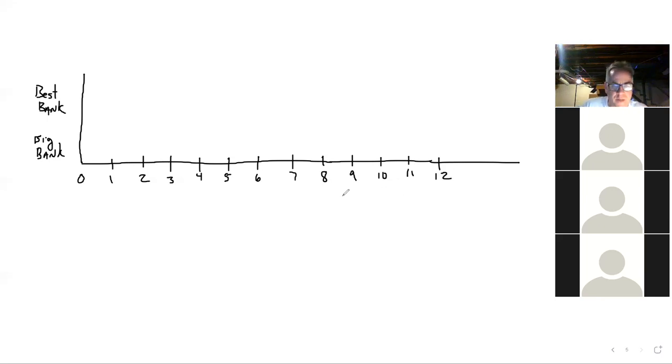All right. And then I will label my horizontal axis. Again, these were waiting times, in minutes was the unit.